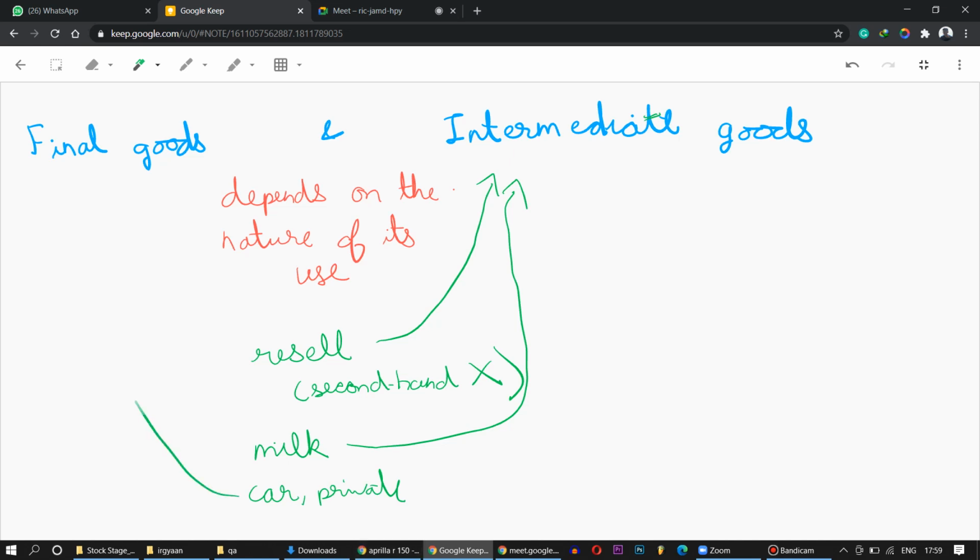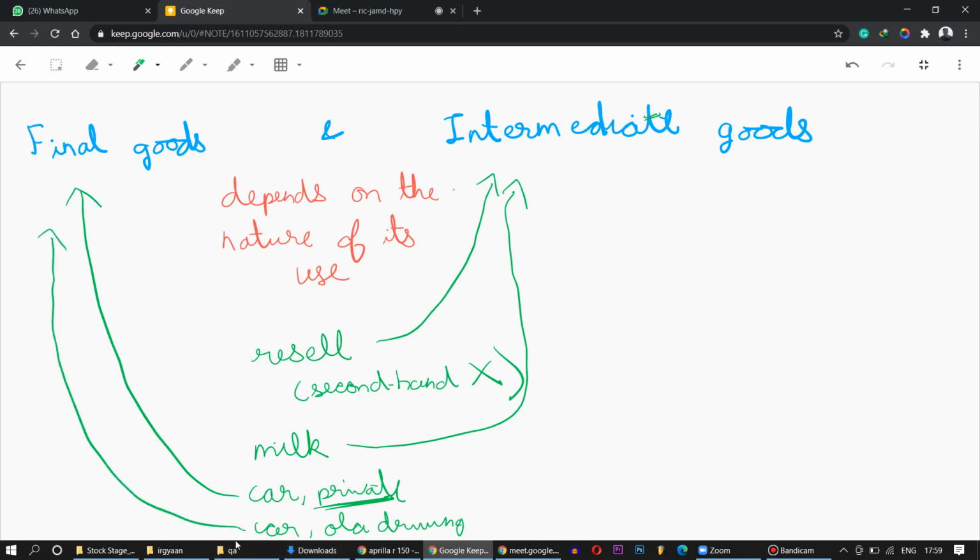It is final because I'm using it for my own private use. Now, if I purchase a car, private means it will be private. Now, if I use it for Ola driving, then what will it be? If someone studied in advance, this is cheating. Yes, this is a final capital good.